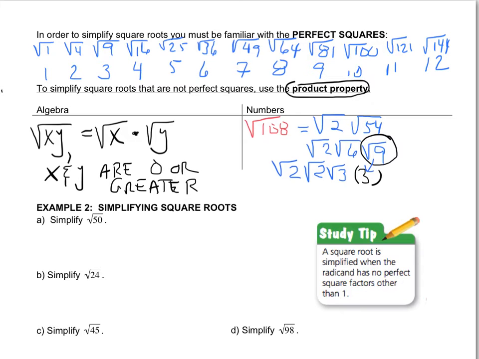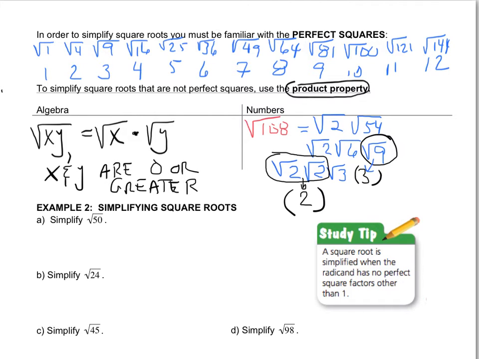So next I want to focus on these two numbers right here: the square root of 2 times the square root of 2. If I go in reverse order as what we saw over on the algebra side, it becomes the square root of 4. The square root of 4 is 2. So when I see something that's the square root of something times the square root of itself, basically what's happening is that the square roots kind of undo each other.